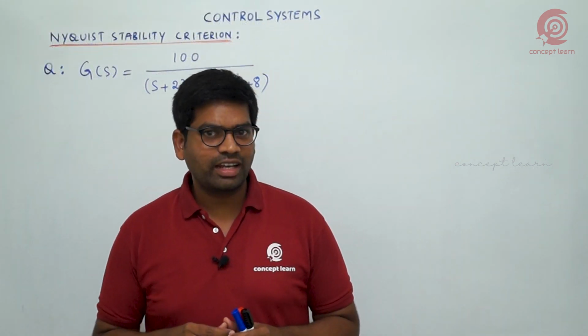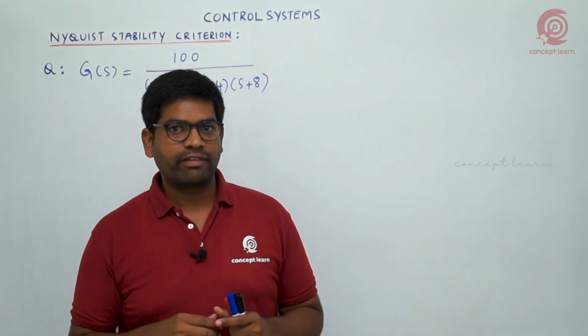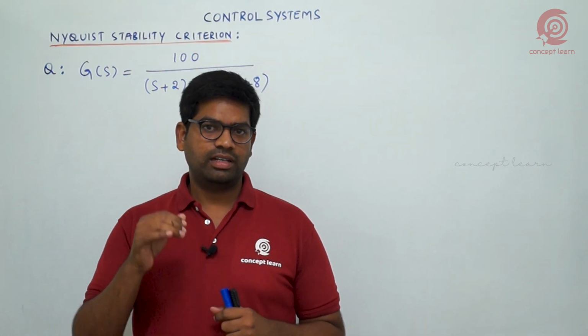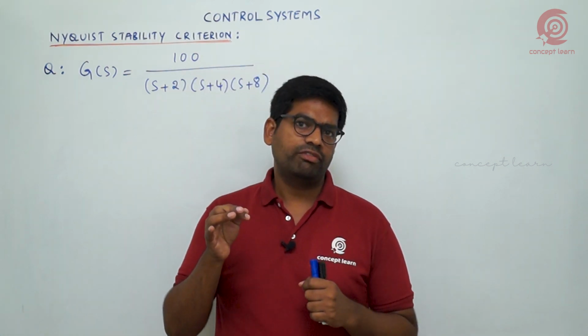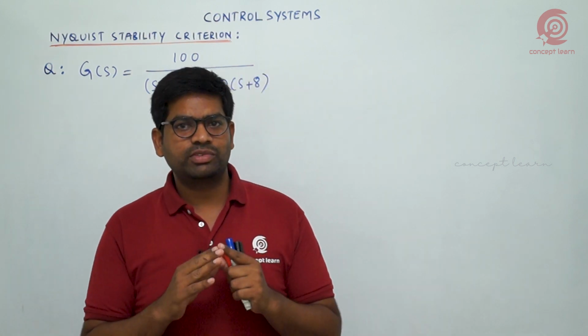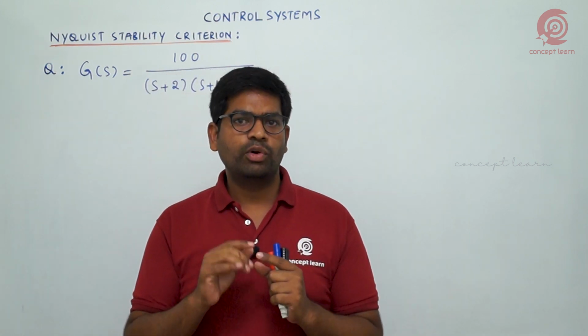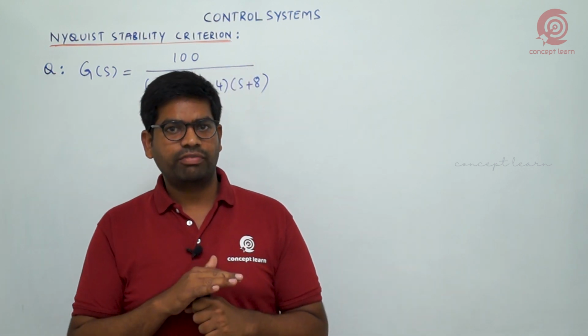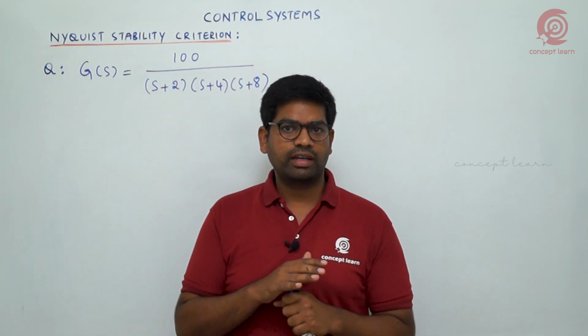Here we'll see another example on the Nyquist stability criterion. As we discussed earlier, every time we are finding the closed loop system stability by using the open loop transfer function only. It is another frequency domain stability technique.